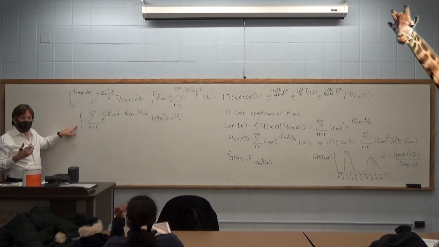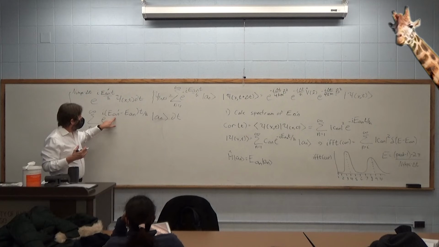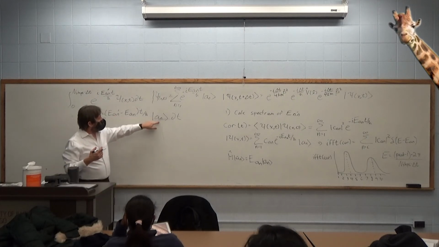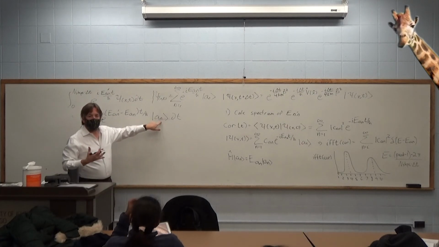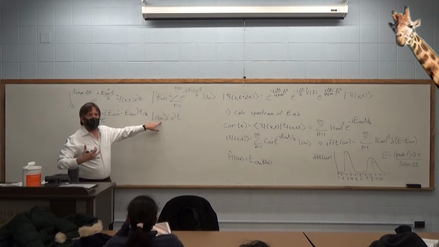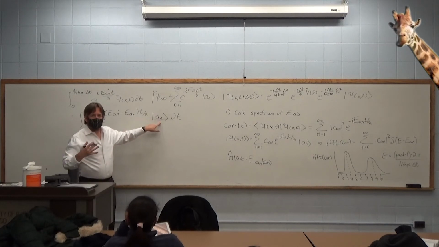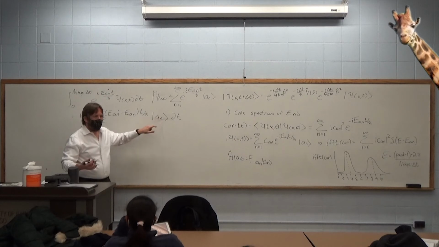Kind of see what I mean here? If this is the first excited state, then only the first excited state builds, because everything else gets wiped out, because it's basically being multiplied by itself plus a sine wave, and the sine wave deconstructs to 0. Kind of see what I mean?